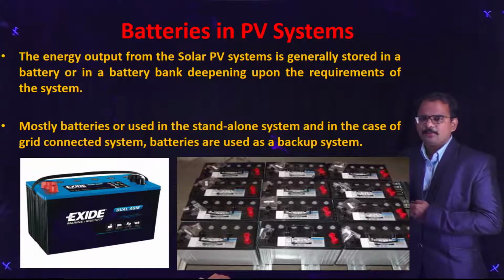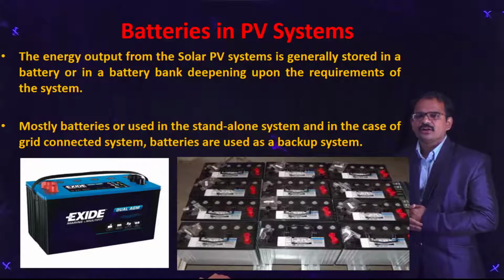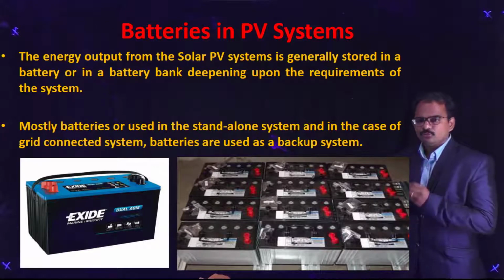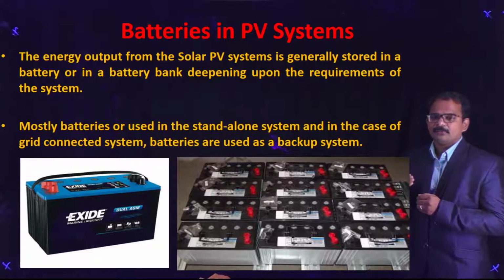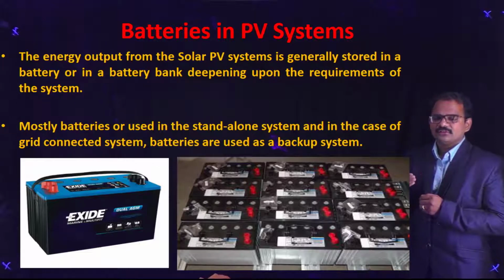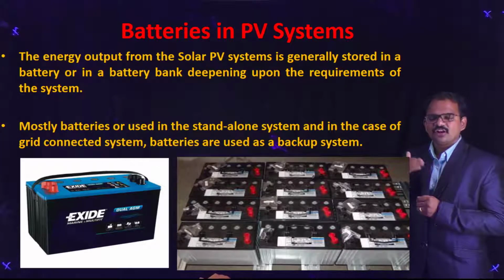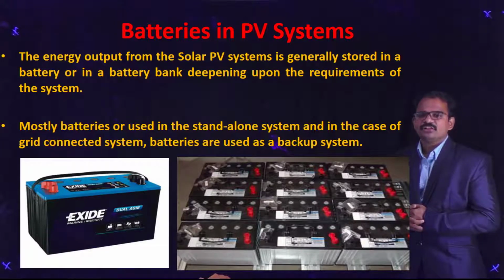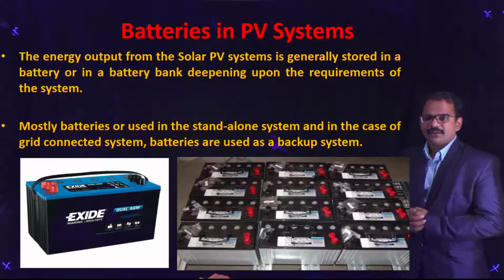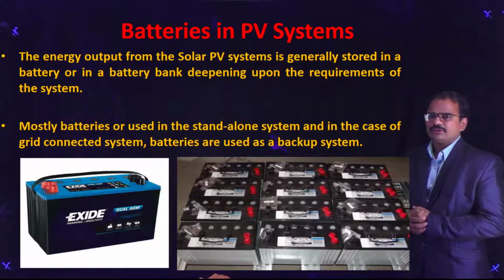During the morning time, the solar panels convert the sunlight into electrical energy and store that energy in a battery. During the evening time, whenever we need street lighting, the energy will discharge from the battery and the lights will glow. That is how the standalone street lighting system works. So batteries are generally used in standalone PV systems.